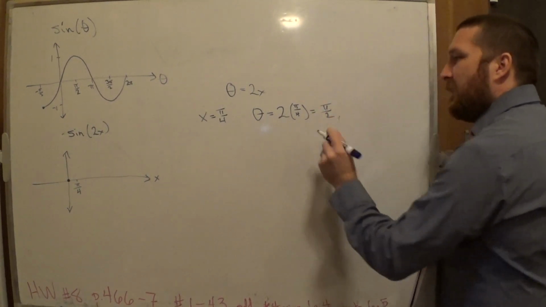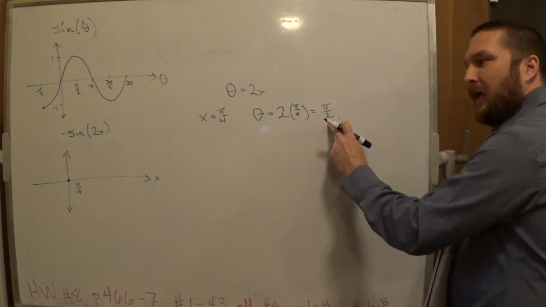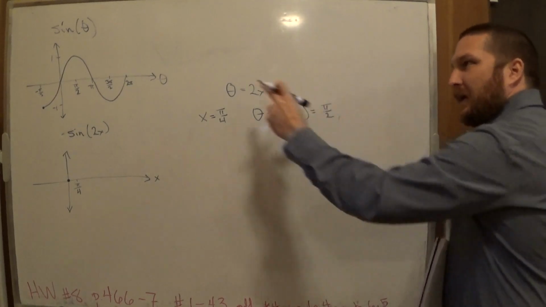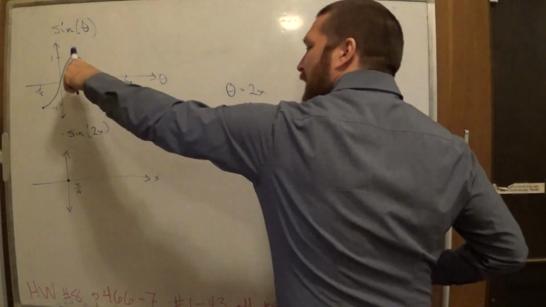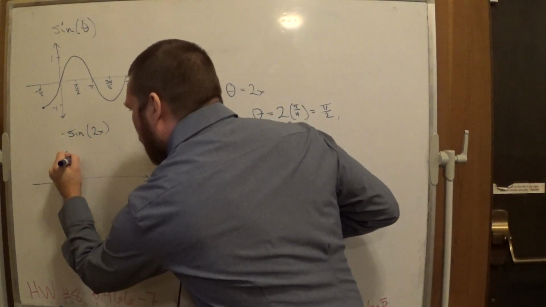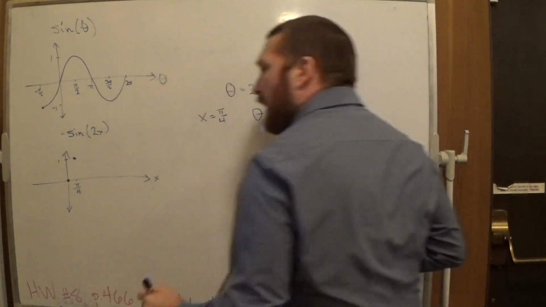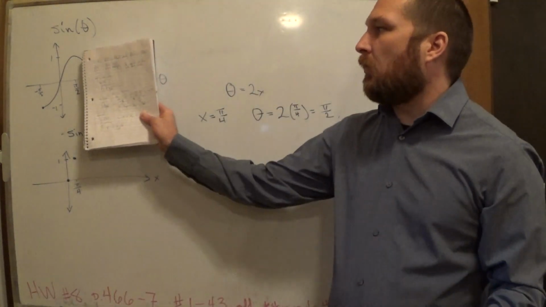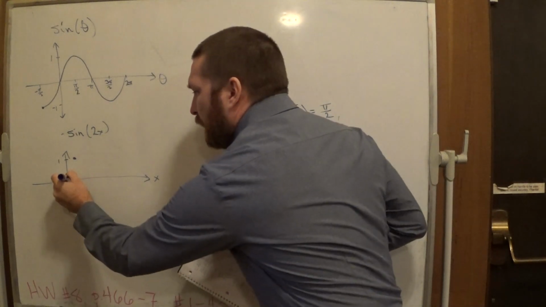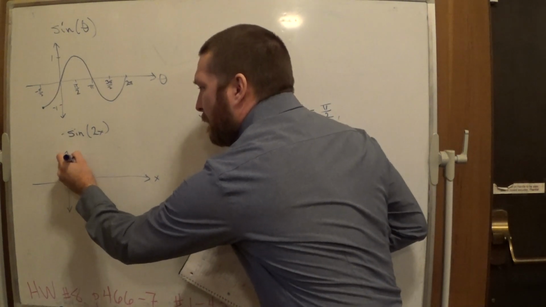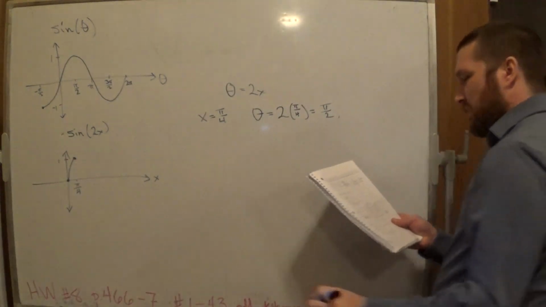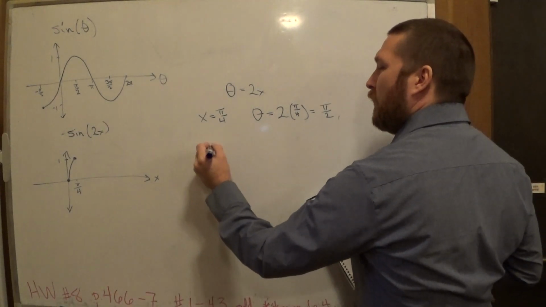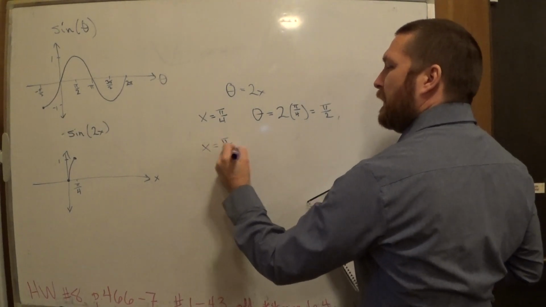Pi over 2. And therefore, what's the output when I plug this guy into there? What do we get? It comes out as 1. And we could go through and do this with all of the previous ones, but let's do another one. Let's move out a little bit more and go pi over 2.